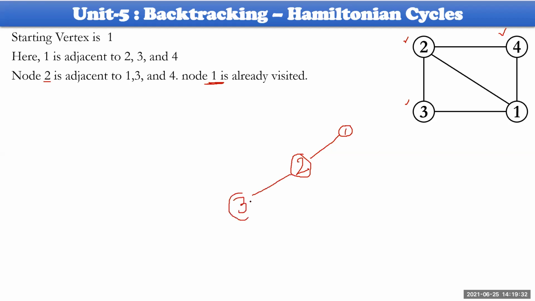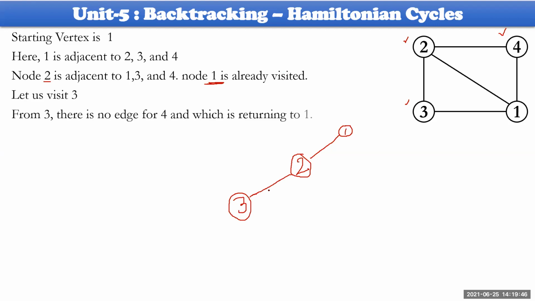So if I select 3, then 3 is adjacent to both 2 and 1, but there is no direct edge from 3 to 4 here.